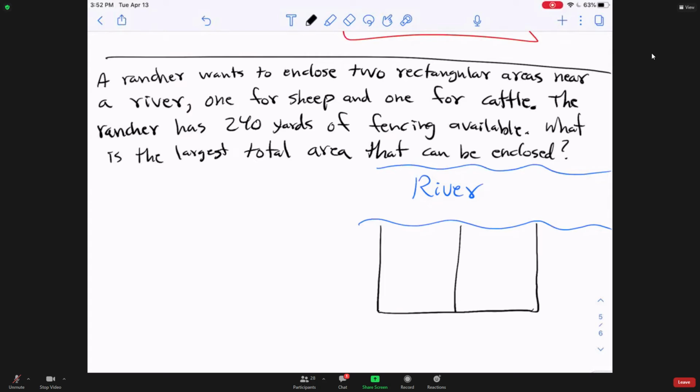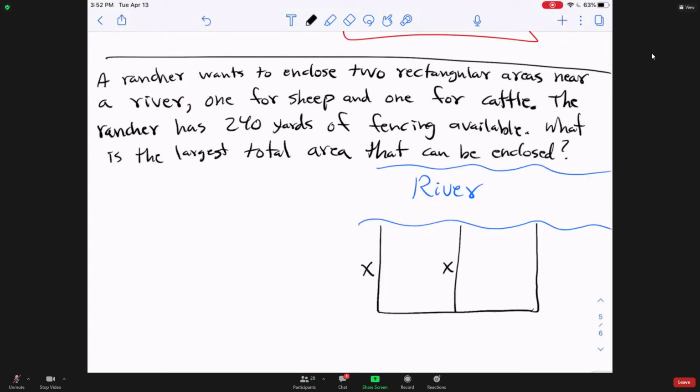So you don't need a fence there. They should have said that flat out, but they didn't. So you do not need a fence on the north side of that rectangle because there's a river there.